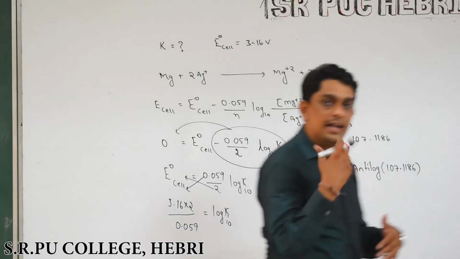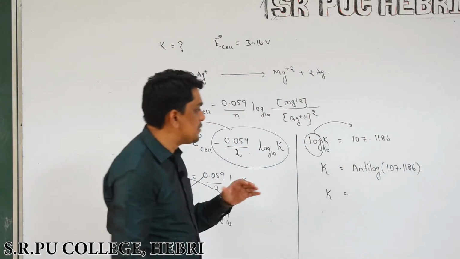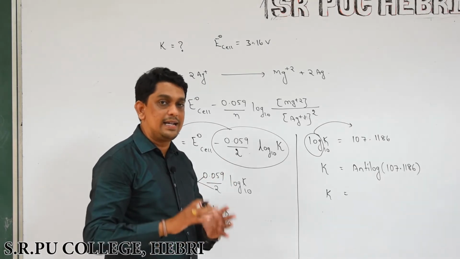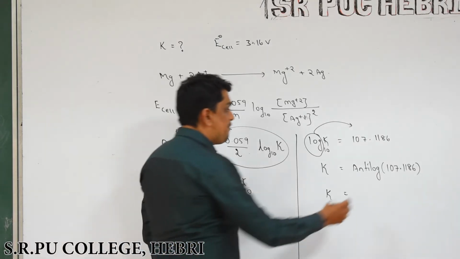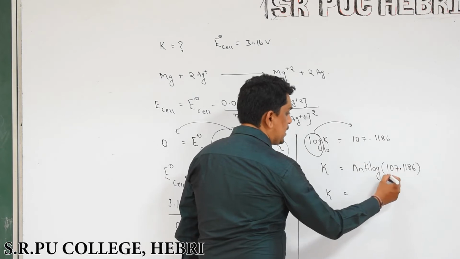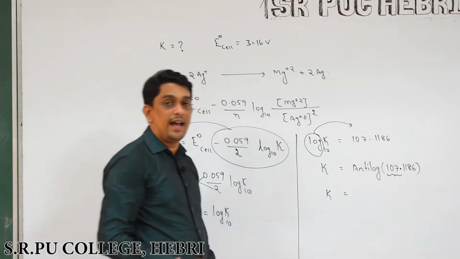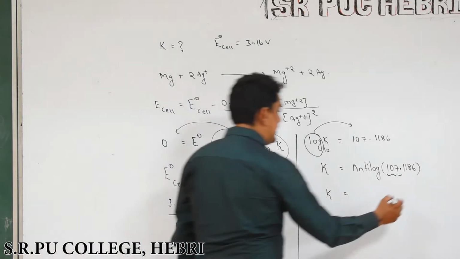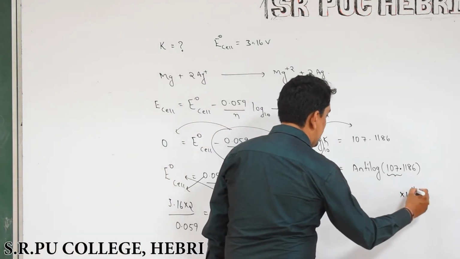Why I am doing that, let me explain a little later. Now see this, whenever you want to find out the anti-log value, before the decimal point, whatever value is there, that value becomes the power of 10. So your answer now is present in 10 to the power 107.